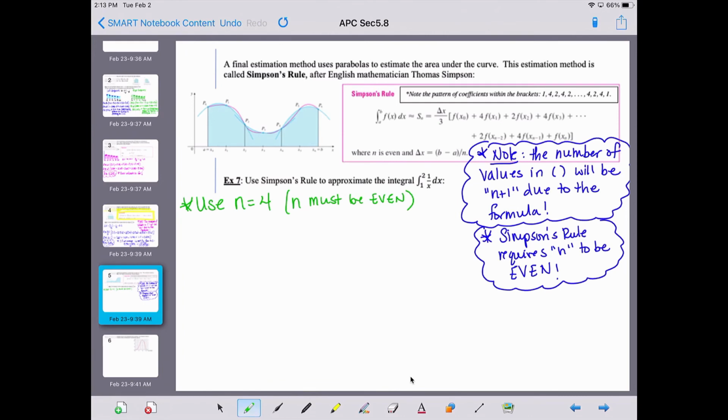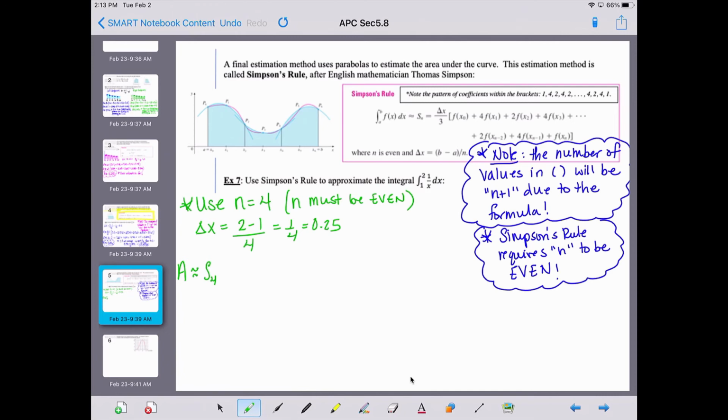Okay, so now our delta x is going to change because our n just changed. So our delta x is still going to be b minus a, so 2 minus 1, but this time divided by 4. So we end up with 1/4 or 0.25 for our delta x this time. And so our area, according to Simpson's rule, is going to be approximately equal to, we'll call it S sub 4, since we're doing 4 subsegments of parabolas here.